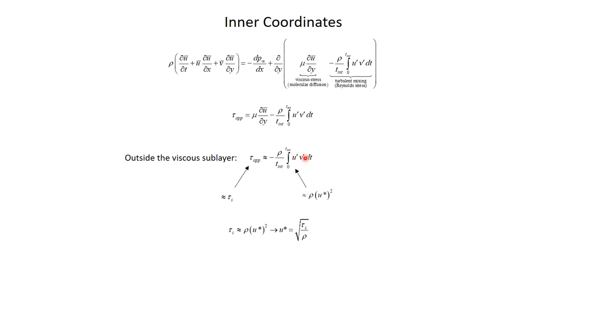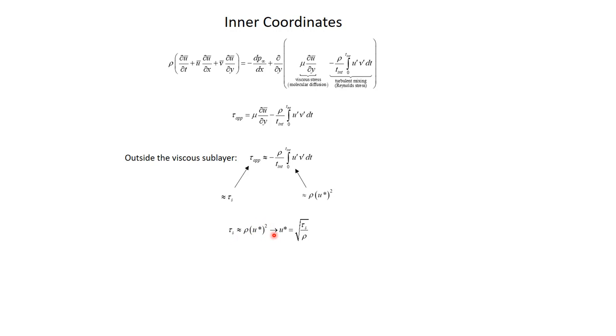So this term is about equal to u star squared, the magnitude of the fluctuation. We're integrating u star squared over time, so that's going to be u star squared times time divided by time. So this right side is going to be order of magnitude rho times u star squared. If we just substitute tau s into the left side and rho times u star squared into the right side, we get that the shear stress at the surface is approximately equal to rho times u star squared.